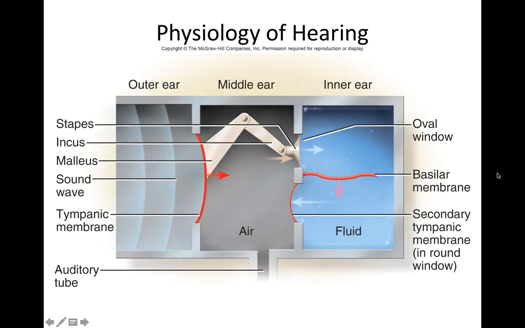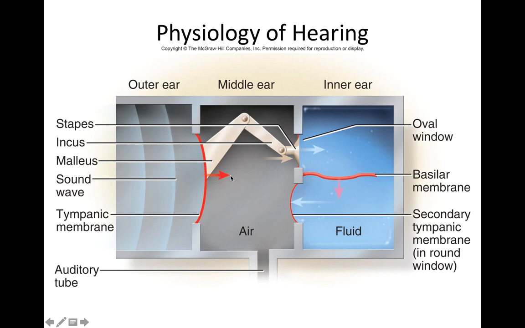So we're going to get into this whole physiology. It's a pathway that we're looking at here. This kind of breaks it down into the mechanics. I kind of like this picture. You've got sound waves in the outer ear that are going to travel down the canal and hit this tympanic membrane that is going to be very flexible. When the sound hits it, it's going to move in.